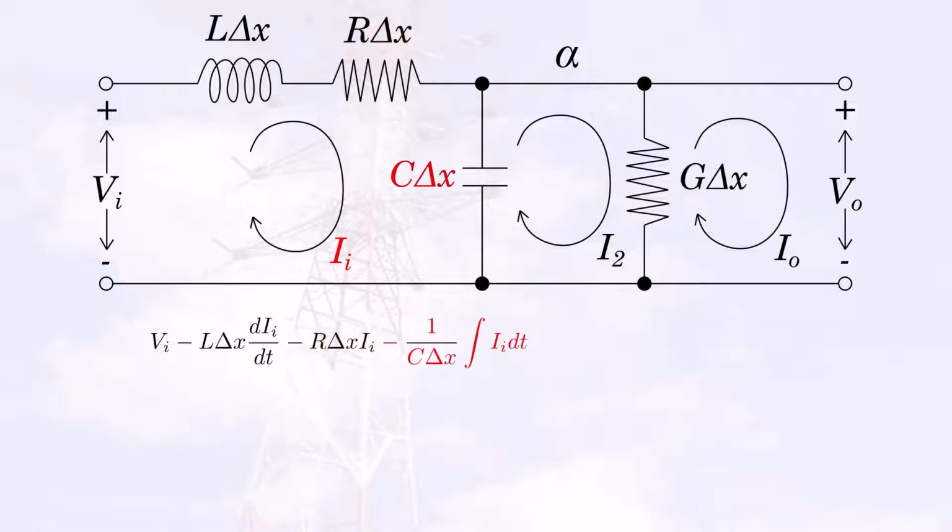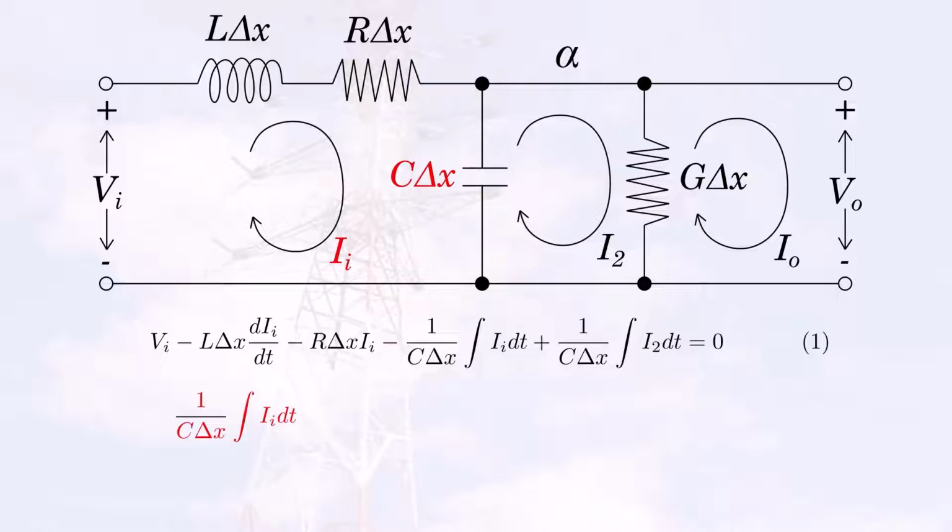The third element is the capacitor, in which we will have two currents that contribute to the state of this element. So we will have first the influence of the first current, and then the influence of the second current from the second mesh. We set this equal to 0, and that will be our first equation.